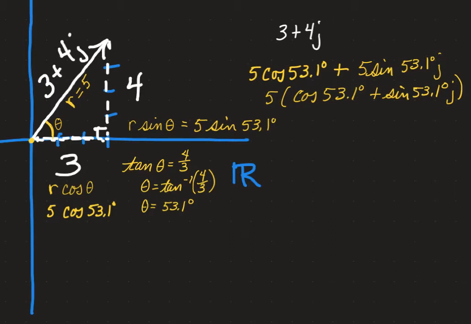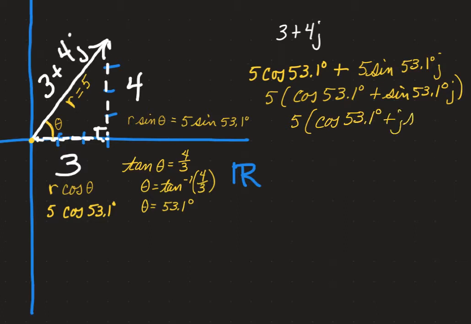It is the latter, so we need another rewrite. This becomes 5 times the cosine of 53.1 degrees plus j sine of 53.1 degrees.